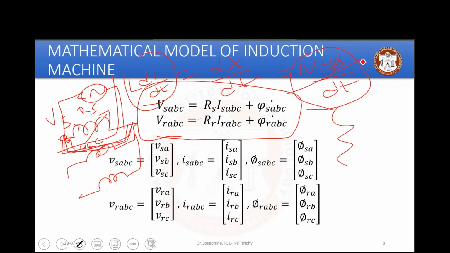But this is flux representation, not current representation. We won't consider the current representation because again it requires some conversion. So we'll just take the flux itself, but we'll take its analogous value in current.